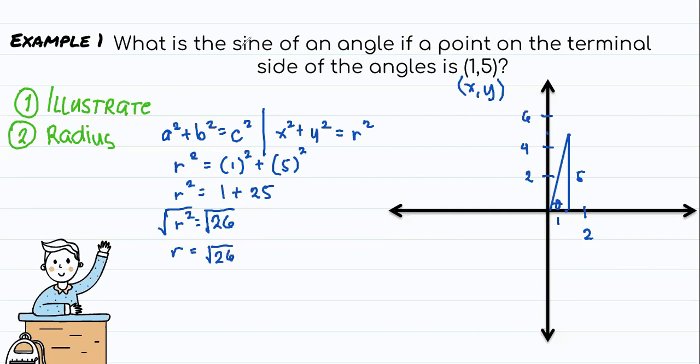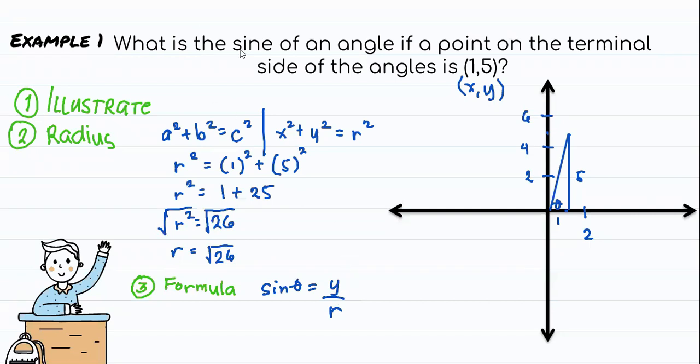Now that we have the value of our radius, we're going to substitute the given in our formula. So what is our formula? Since we are looking for sine, sine theta is equal to, recalling our formula for the 6 circular functions, sine is y over r.